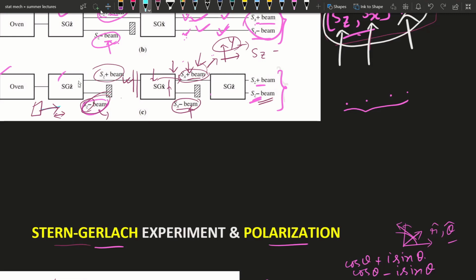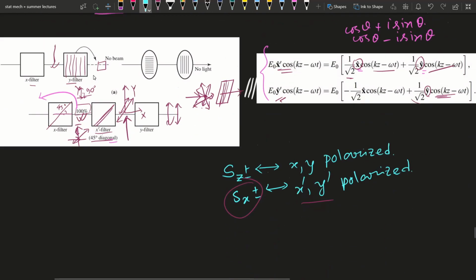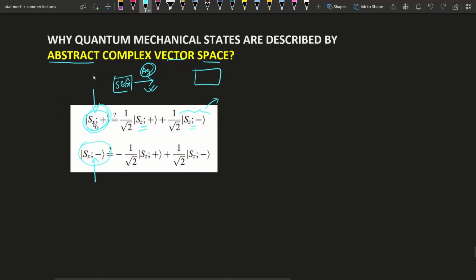That is because the SZ component, when passed through this, becomes the SX plus beam, and the SX plus beam is nothing but a linear combination of SZ plus and SZ minus beams, like the equation here. And that's why, when we pass the beam through the Z component, we get these two components, obviously, because it is made up of these two things.